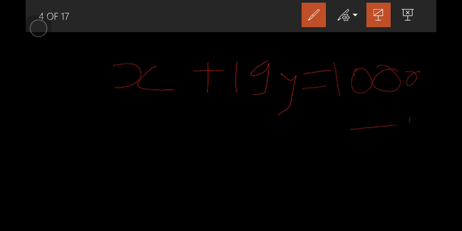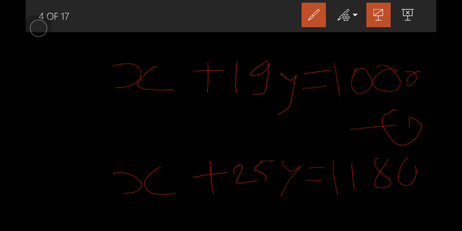This is equation number 1. About B, he paid for 26 days, so the first day is fixed plus 25 days of per day charge, and he paid 1180 rupees. This is equation number 2.